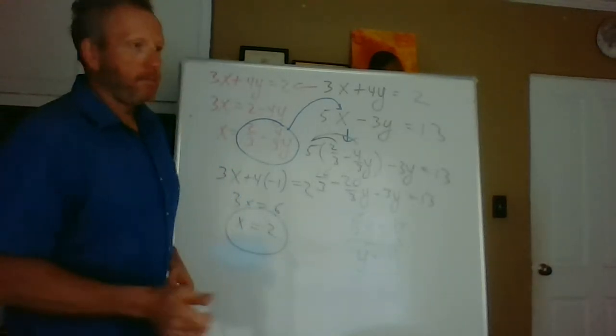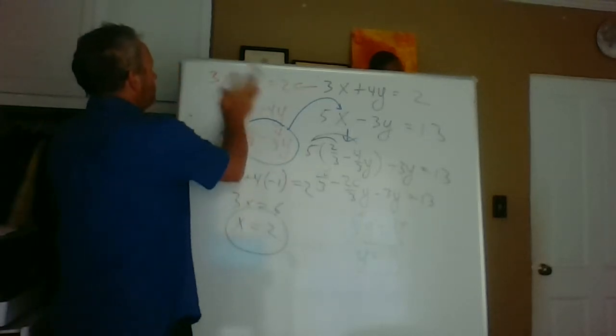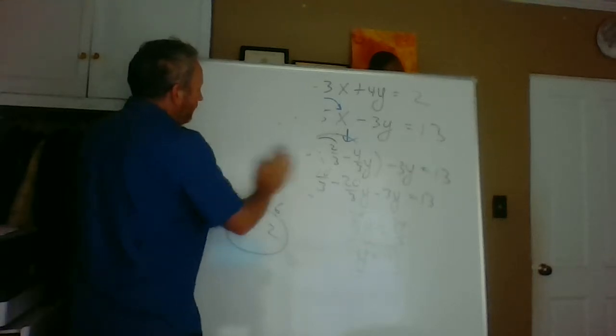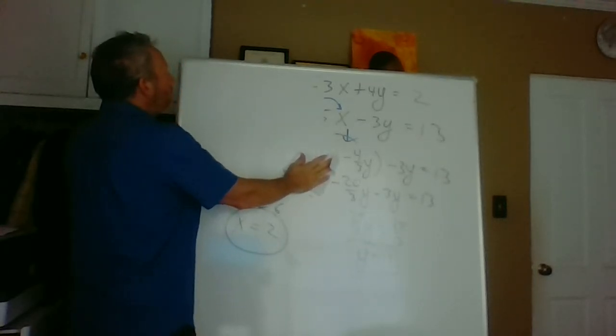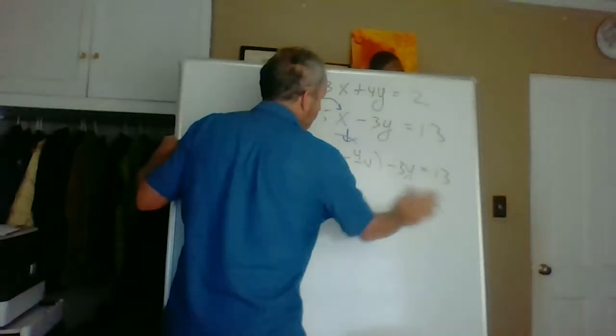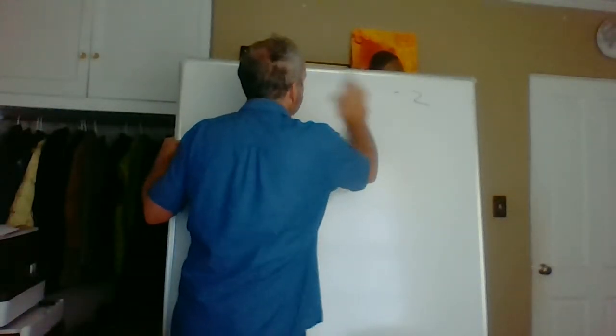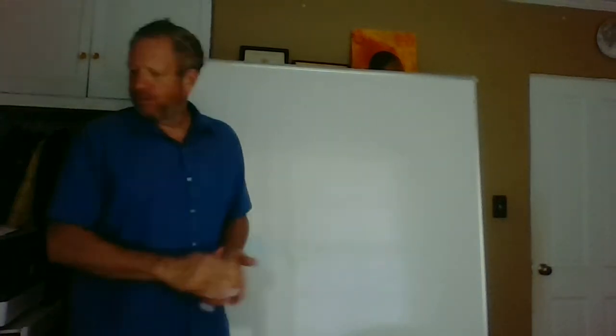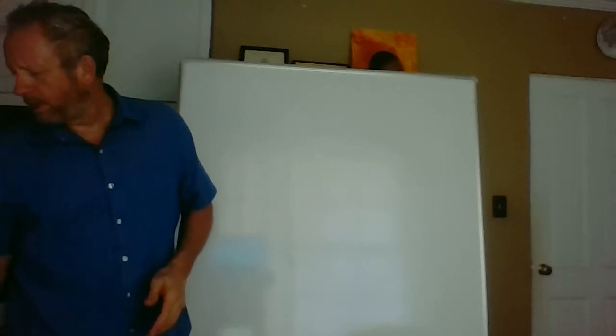Let me do one more example of this. Now, of course, I didn't create this method. This method has been around for over 2,000 years. I have to think a little bit about the history there. The ancient Egyptians were able to solve systems of equations.